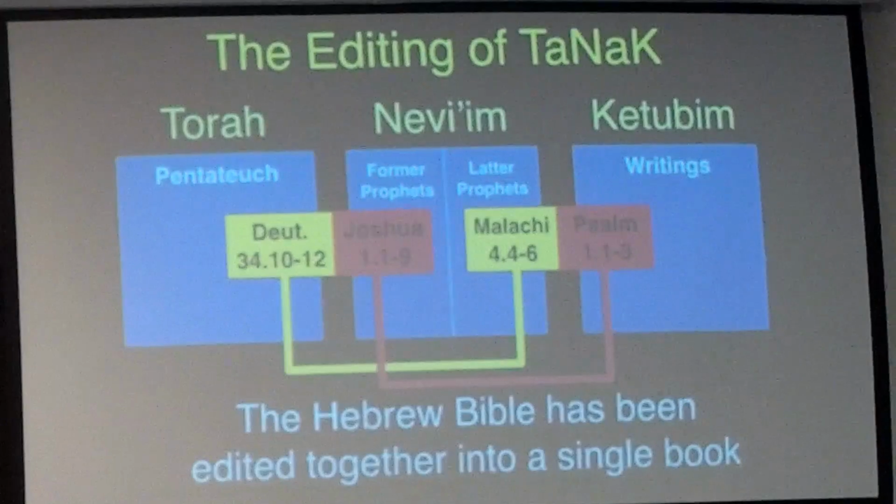And verses 10 to 12, the last few verses of Deuteronomy, it says, "There arose not a prophet since in Israel like unto Moses, whom the Lord knew face to face. And then verse 11, in all the signs and the wonders which the Lord had sent him to do in the land of Egypt, to Pharaoh, and to all of his servants, and to all his land, and in all that mighty hand, and in all the great terror which Moses showed in the sight of all Israel."